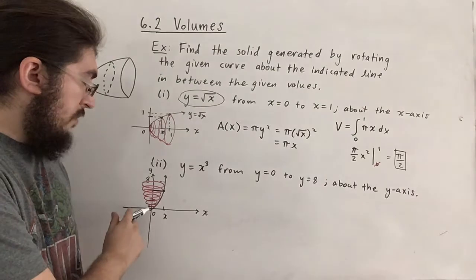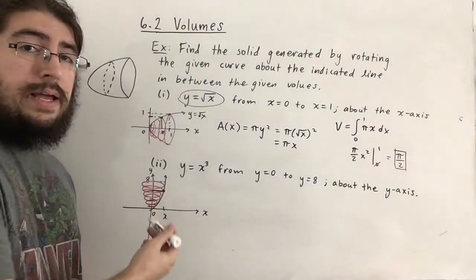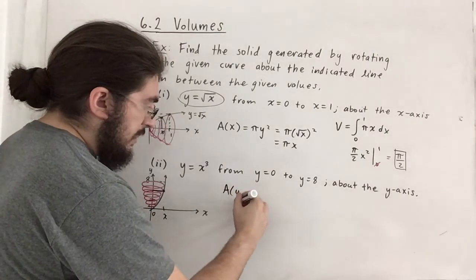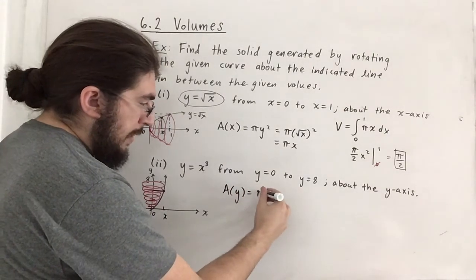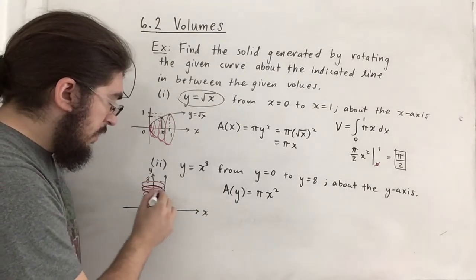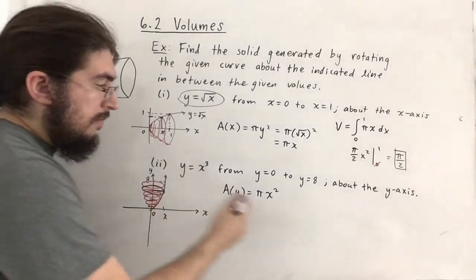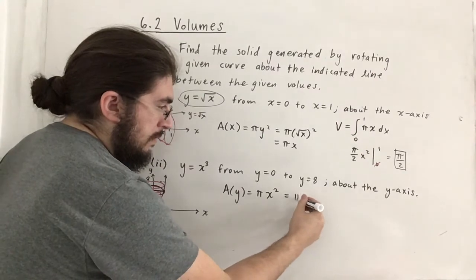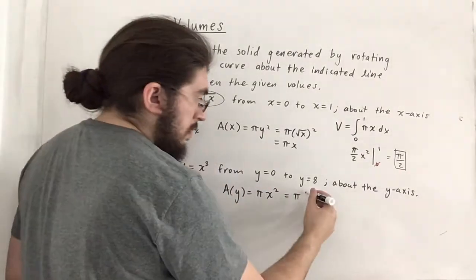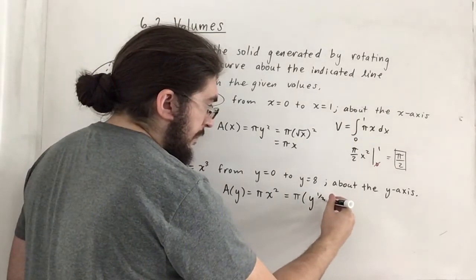Since we're going from 0 to 8 for y, this will be a y setup. So I want to find the area in terms of y. It's going to be pi times the radius squared, the radius of each circle, notice, is just x, but you can solve for x by taking the cube root of both sides. So x is y to the 1/3.